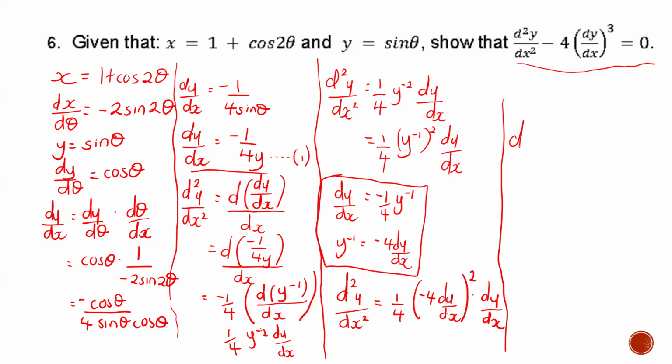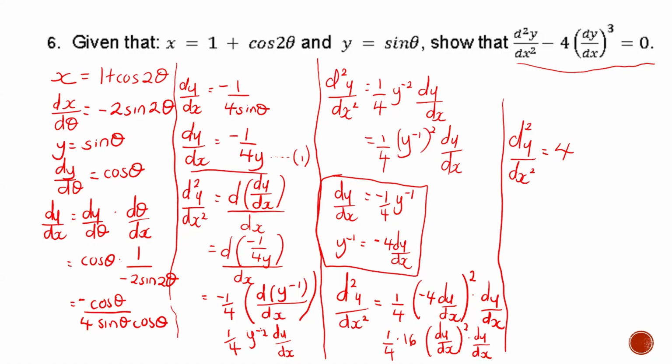And then we're going to have d squared y over dx squared is equal to -4 squared is 16. 16 divided by this 4 here will give us 4. And then dy/dx squared, it's squared, right? I'll just write it here. A quarter times 16 dy/dx squared times dy/dx.